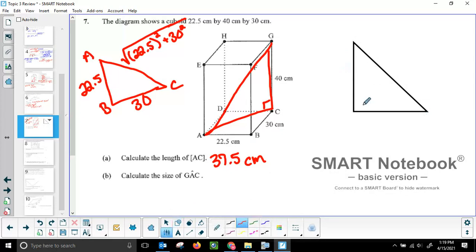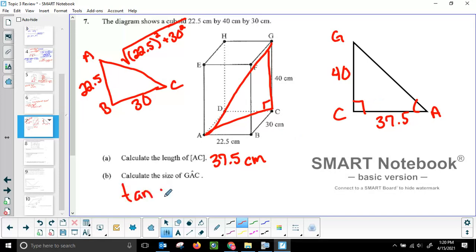All right. So here we can call this, obviously, this is C. This is G. This is A. We just found AC to be 37.5. We know CG is 40. We know this is a right angle. All right, and we're trying to find angle A here. Well, from A, this is my opposite, this is my adjacent, this is a right triangle. I can just use tangent, right?